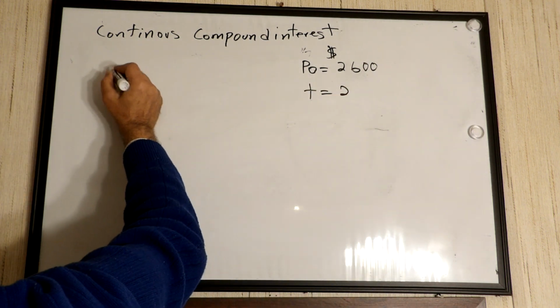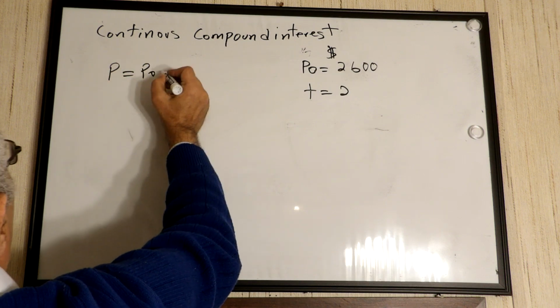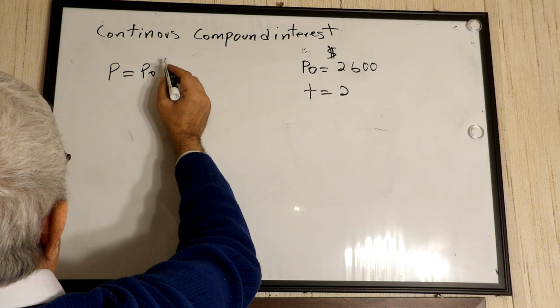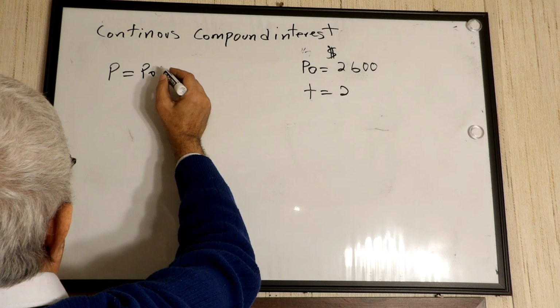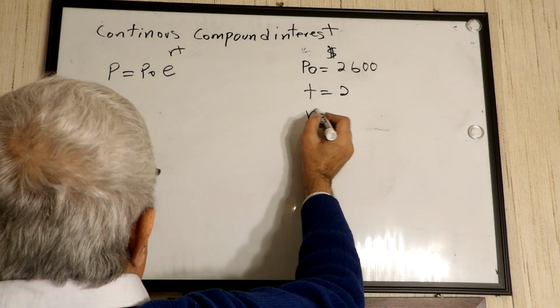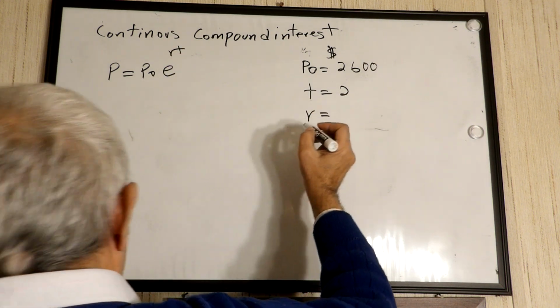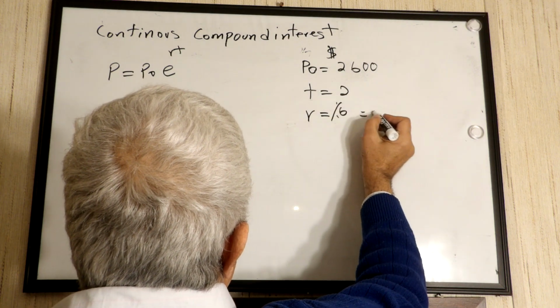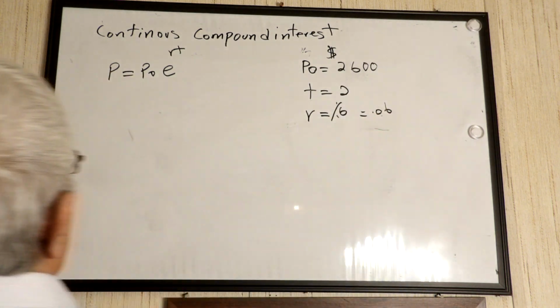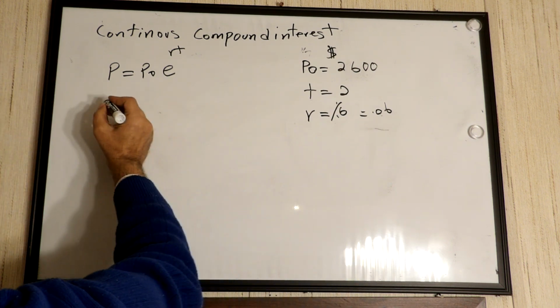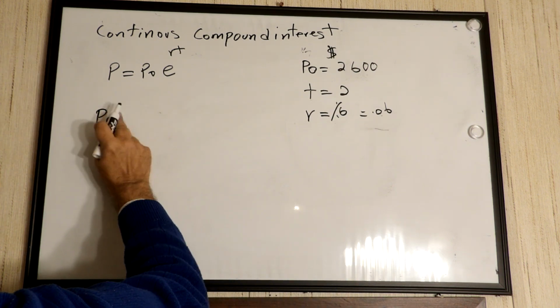See the general formula: P0 times e to the power of RT for continuous compound interest, and R is equal to 6%, which is 0.06. We have these here, and the only thing we need to find is P.